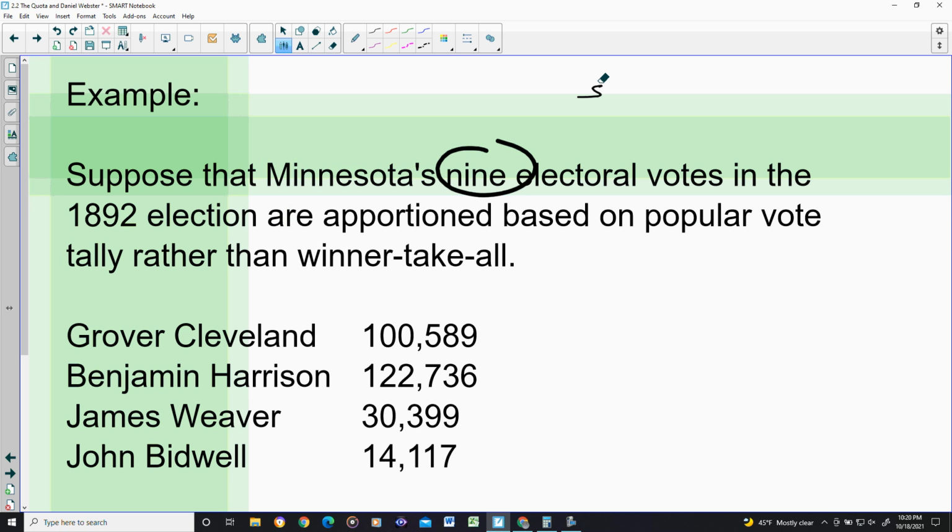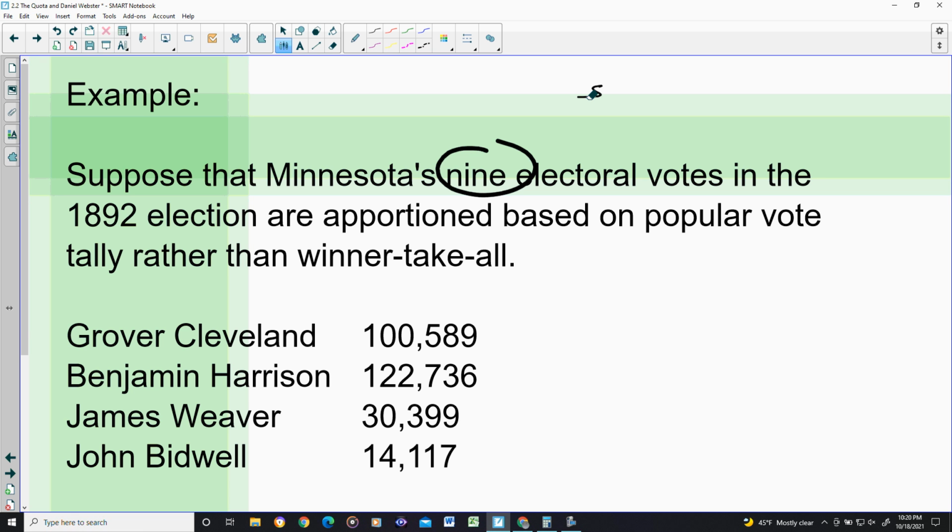I wonder what would happen if we applied this to current elections. That'd be kind of fun. Okay, so let's give you a little bit of background on this. We're obviously going to need to do some math. We're going to need some divisors here, and a little bit of help.